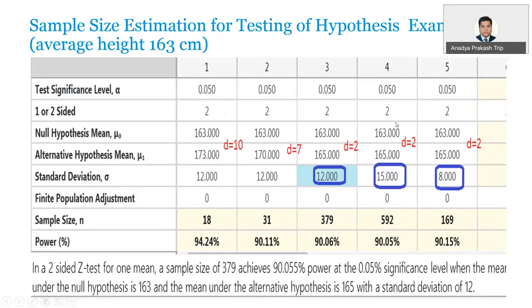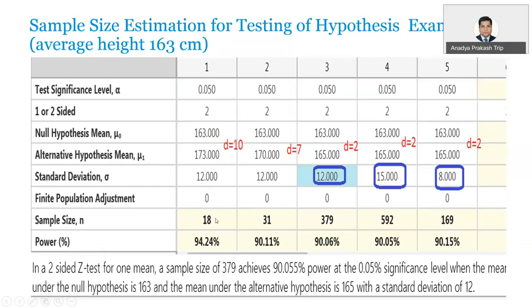I have taken a serum column just for demonstration so that you can understand how much the difference is important. What is the alternate hypothesis? If my allowable difference is 10 units, this will become 173. If it is 7 units, 170. So for different allowable differences, I have constructed alternates. Standard deviation is 12.